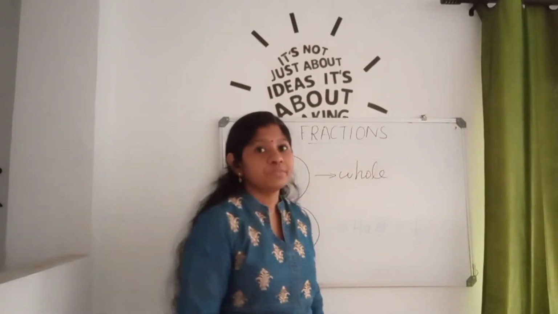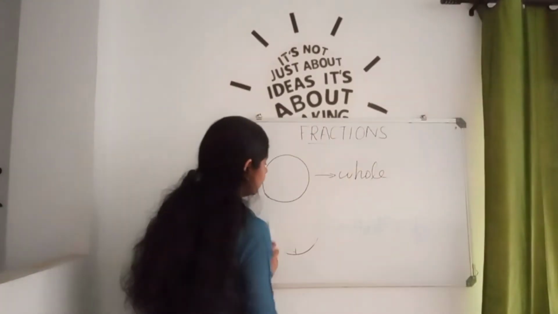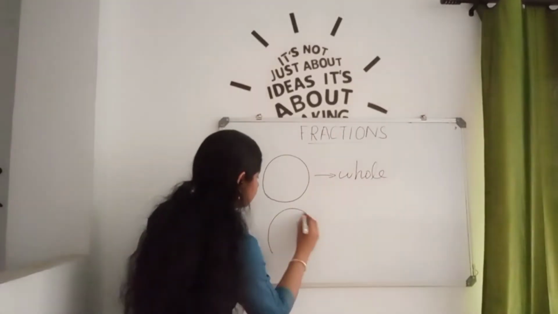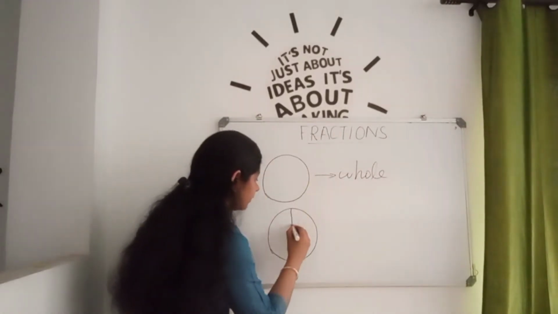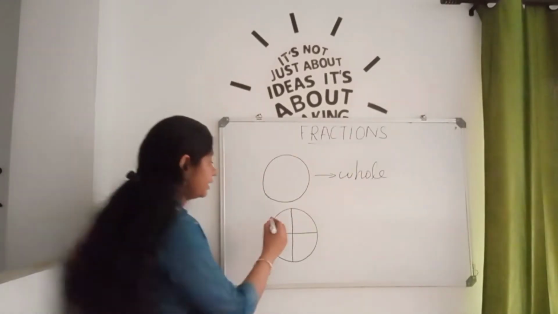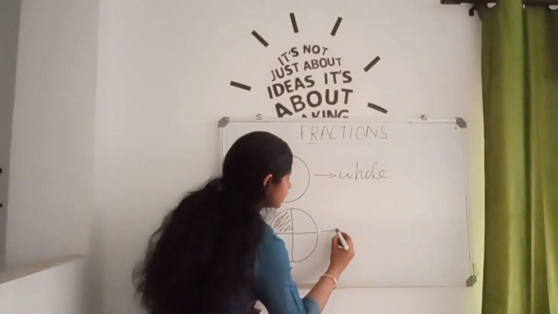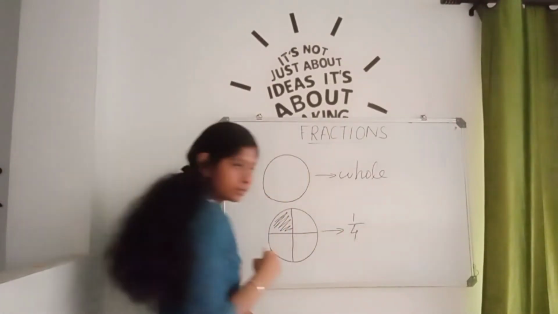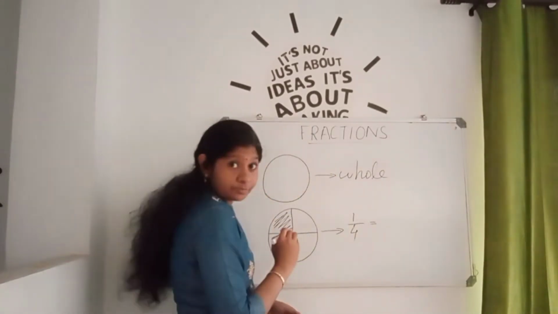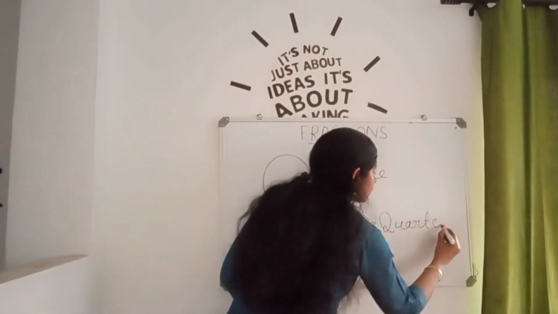Now, see here. This 1 by 4 is also known as quarter. I will show you. There is a circle. We are dividing it into 4 equal parts and one part is shaded. So, what is the fraction here? 1 by 4. This 1 by 4 is also known as quarter.